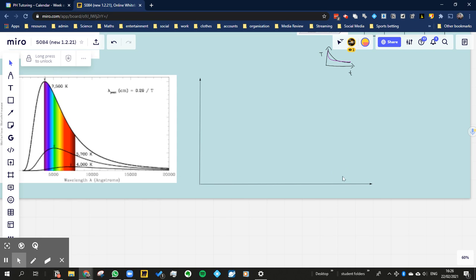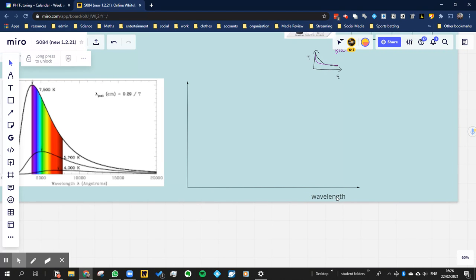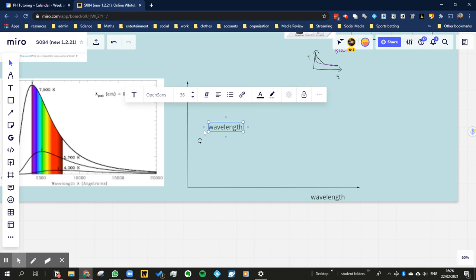Okay, so let's draw it a bit more neatly. So let's say we're going to collect some results of a particular thing. So this is wavelength of a particular object, and then we'll say brightness there.